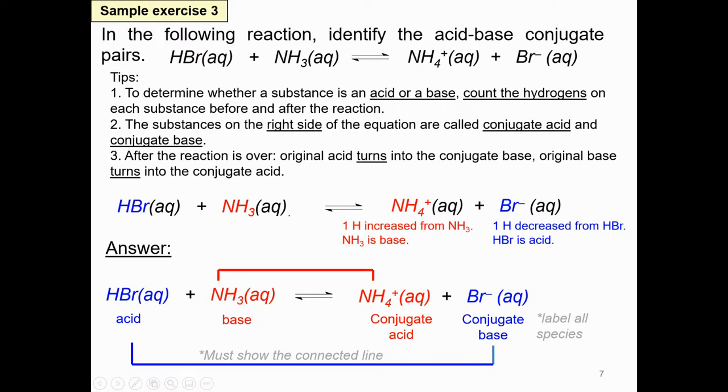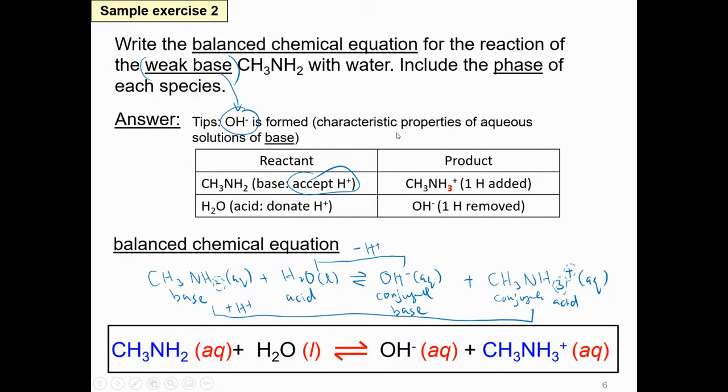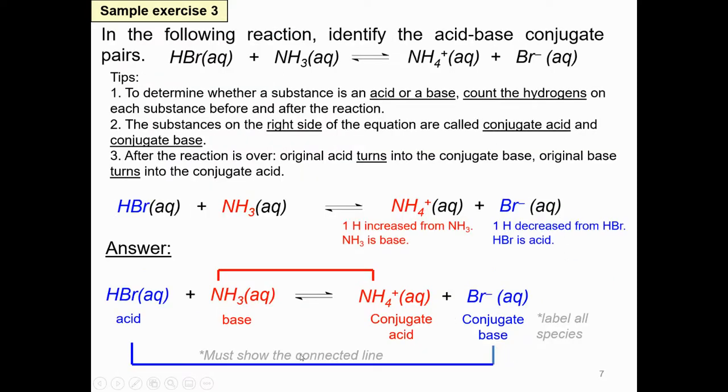Now, just now the question didn't ask to identify the acid-base conjugate pairs. It just asked to write the balanced chemical equation. So it is enough if you just write the reversible reaction equation for the dissociation of weak base in water. Now this question is different.